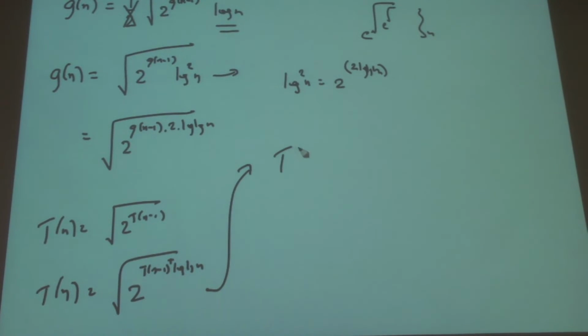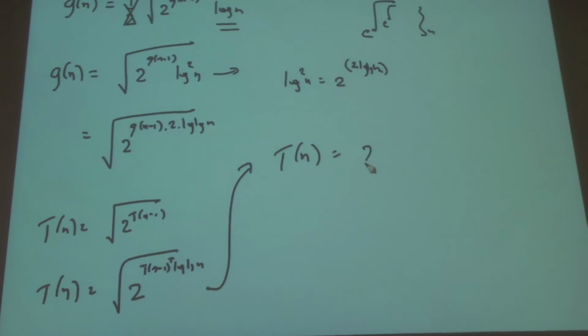Instead we're going to solve the recurrence T of n equal to 2 to the square root of, no, sorry, what did I do? Sorry. 2 to the square root of T of n minus 1.